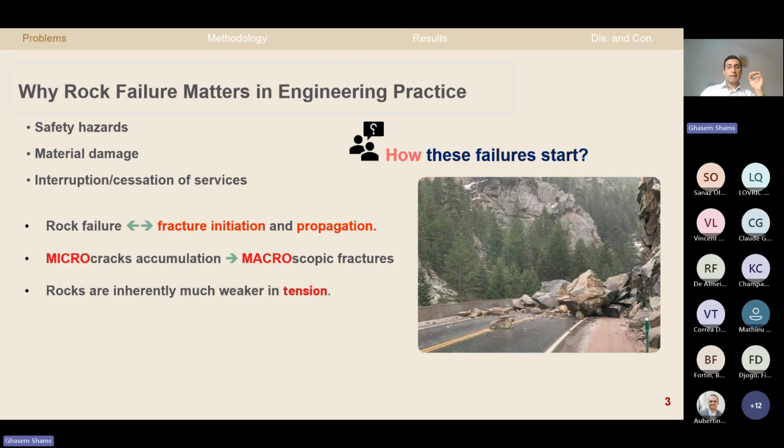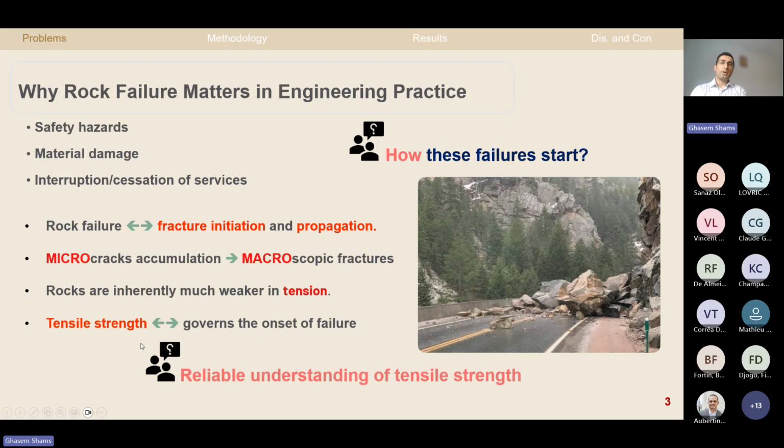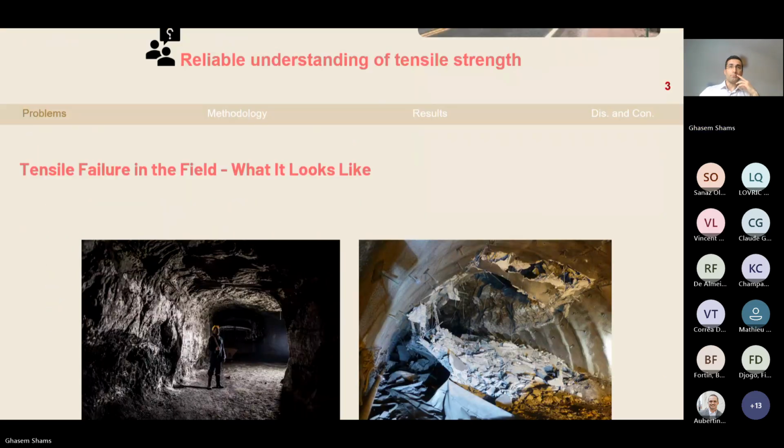That means that tensile strength is not only a simple material property like other properties of rocks. It's a key parameter that governs the onset of failure. Therefore, it's critical to have a reliable understanding of tensile failure or tensile strength of materials.